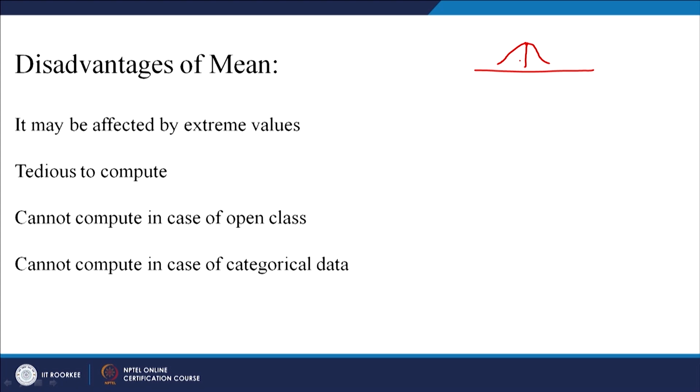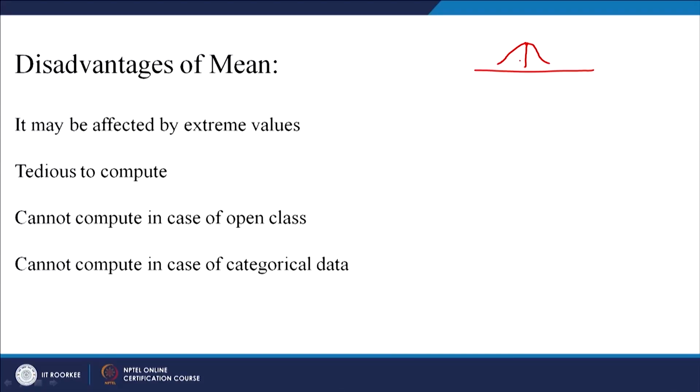Mean is not a good measure of central tendency if your data is not normal. If your data set is normally distributed, then mean, mode, median all would be the same, right. But in most cases your data would be non-normal, and then you will have to use some other measure of central tendency, right.